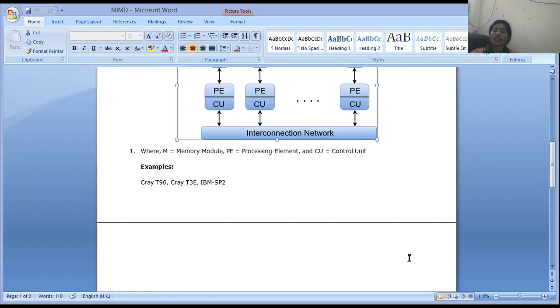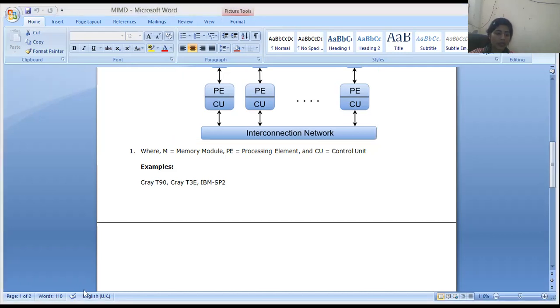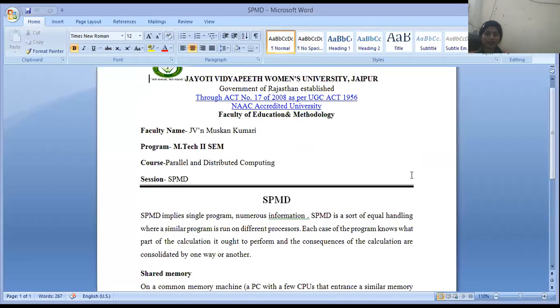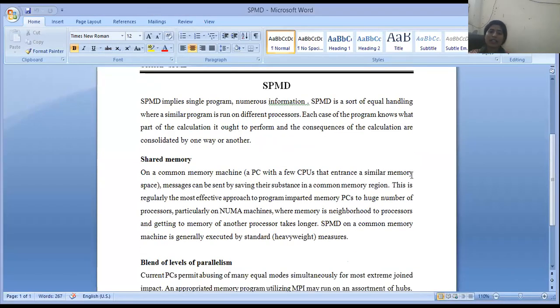So today's session is this one, and one more topic I have told you about is SPMD. I just want to share that also. Wait for one minute, I'm saving that. Okay, so here is SPMD. SPMD implies single program, multiple data.